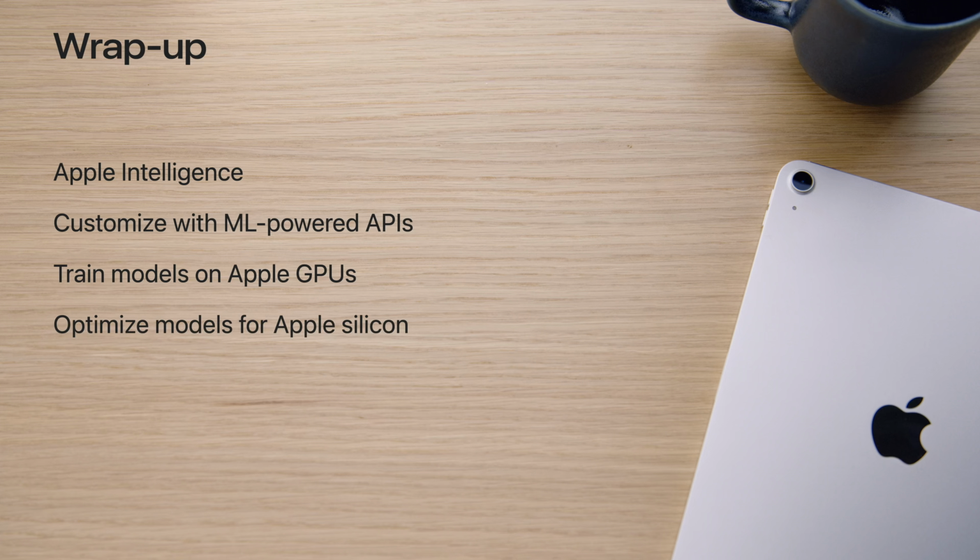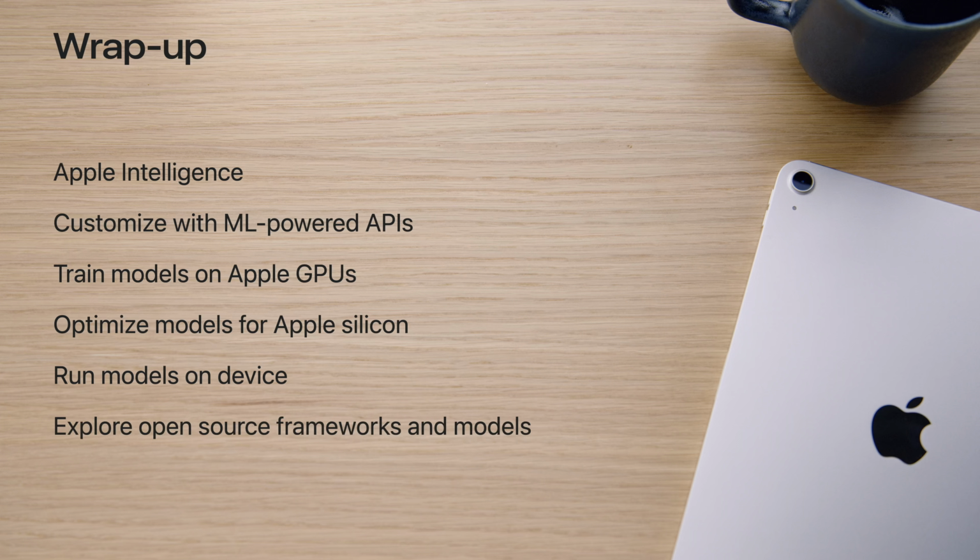Prepare those models for deployment by optimizing them for Apple Silicon using CoreML tools. Integrate those models to ship stunning experiences in your apps using CoreML, MPS Graph, and BNNS Graph APIs. And lastly, check out Apple's cutting-edge research initiatives featuring open source frameworks and models. Now, let's get to building amazing experiences for our users.